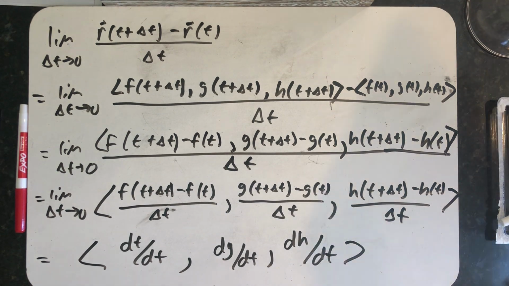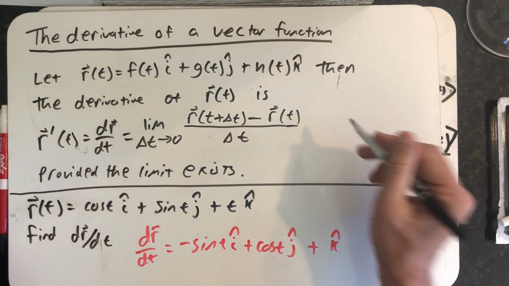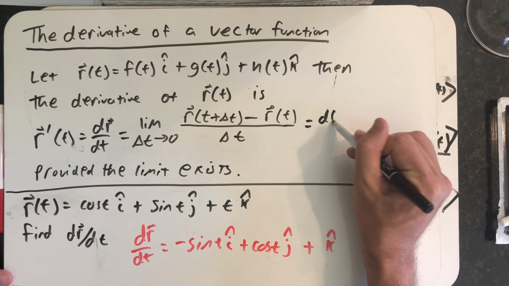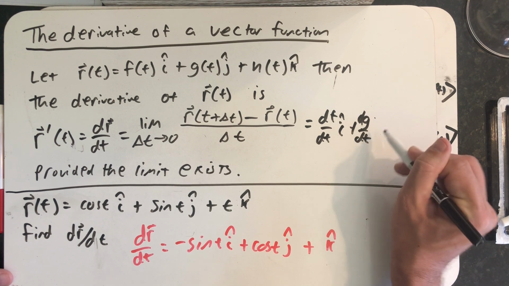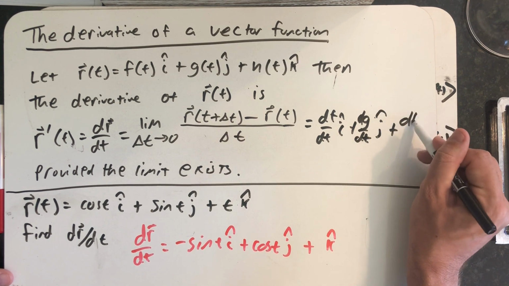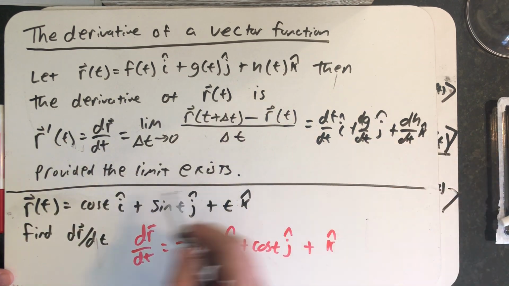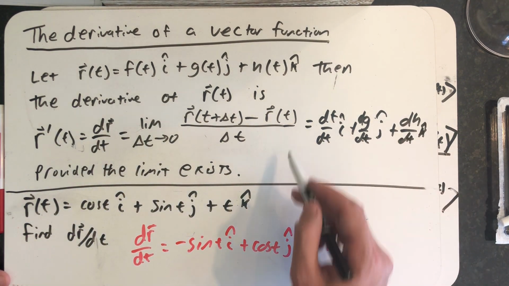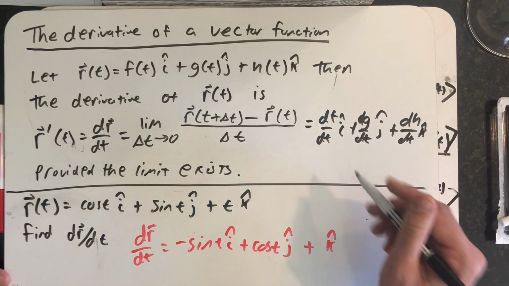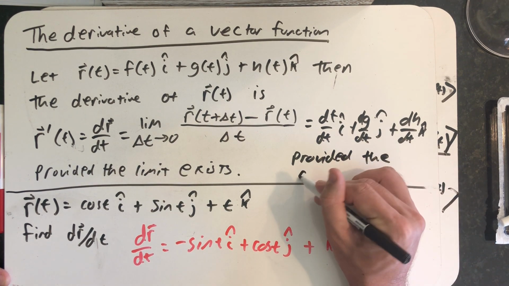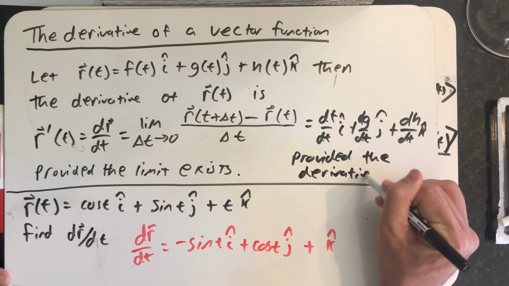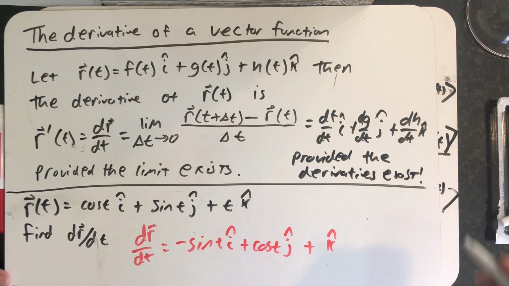So I could come back to my definition here, and I could write that this is equal to df dt i plus dg dt j plus dh dt k. And instead of saying provided the limit exists, that's certainly true, I could say provided those three derivatives exist. So, to take derivatives of vector functions, all we have to do is take derivatives of the three scalar component functions.